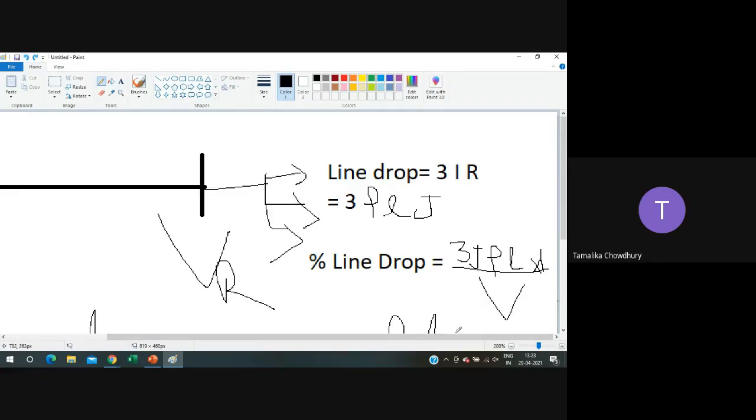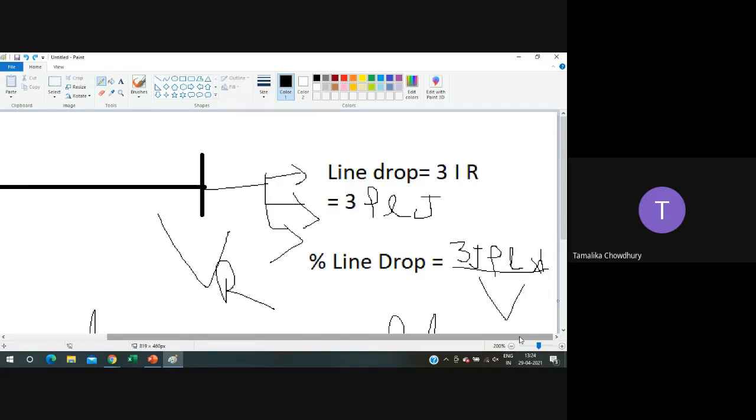Anyway, so up to this you are clear? Percentage drop, line drop. Up to the 3 rho LJ is clear: line drop equals 3 into IR. Now in place of IR, I am putting rho LJ. Up to this clear? Yes, ma'am. So rho LJ is the line drop.